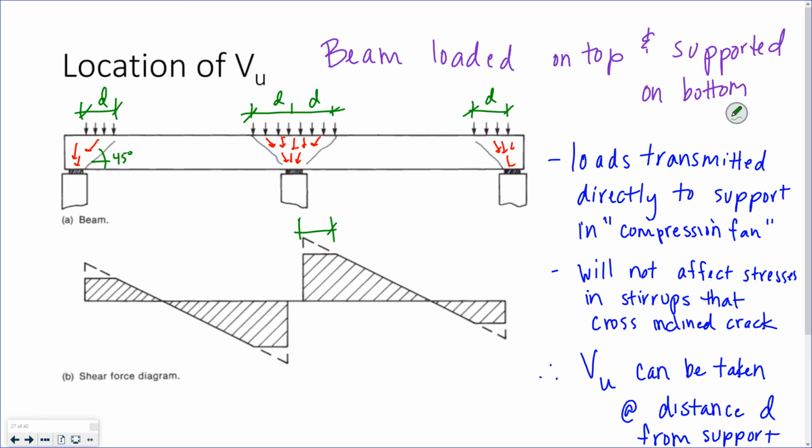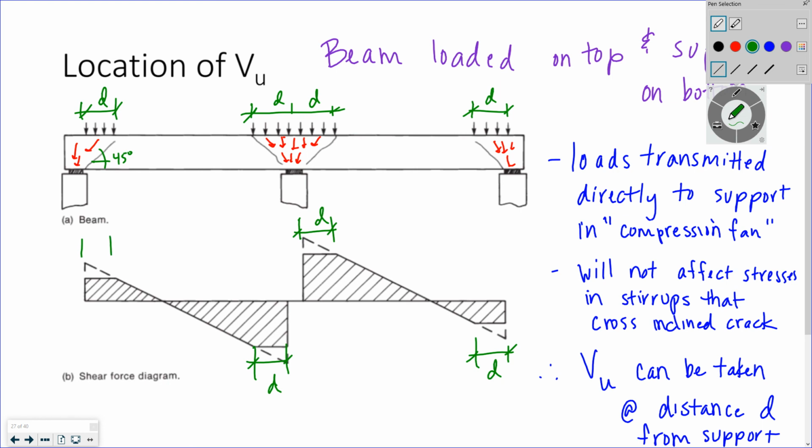I can move a distance d from the supports. And this is the shear that I need to design for.